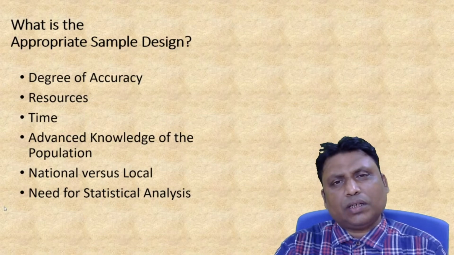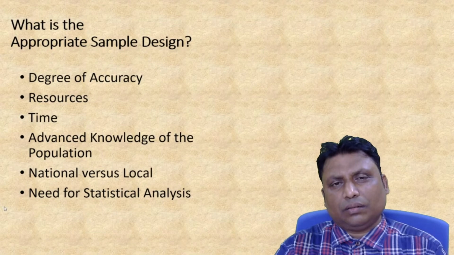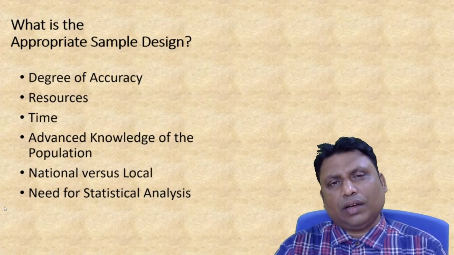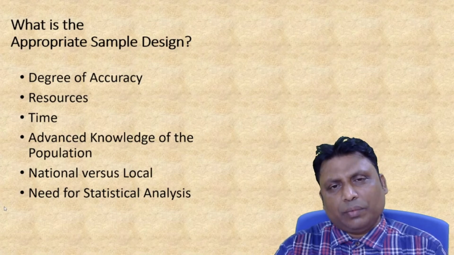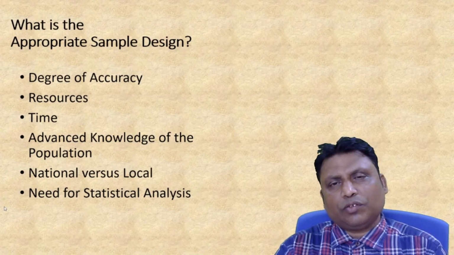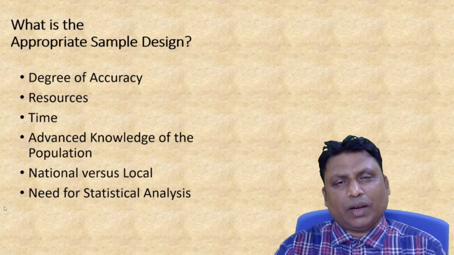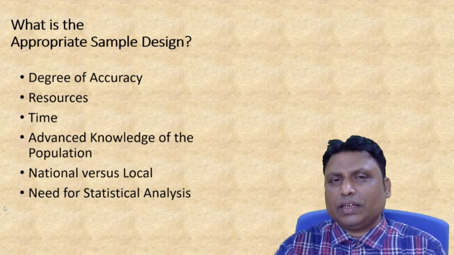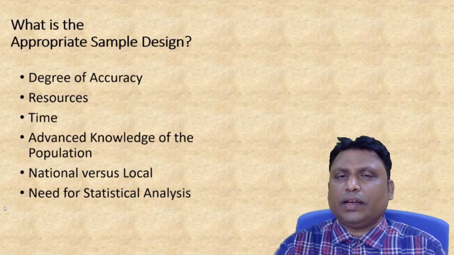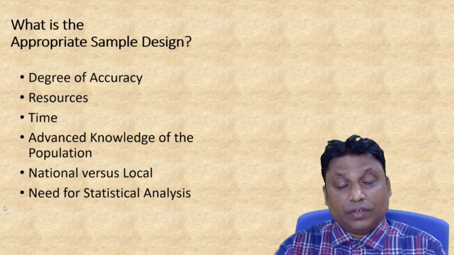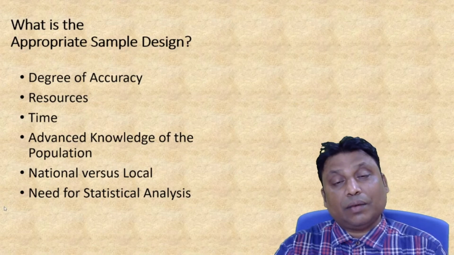Time is required, costing is required also, because when you are going for data collection, so many parameters are there. As per the parameters, you have to collect the information. If you are not using the parameters, then you face difficulties in collecting the right information and implementing the right sampling techniques.